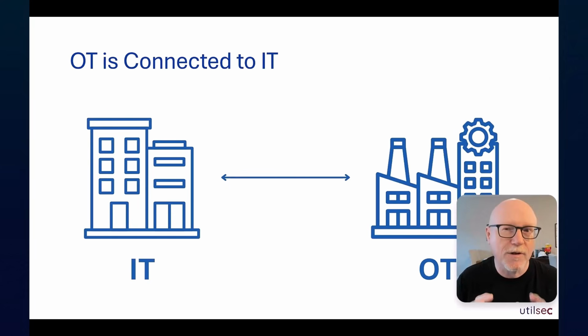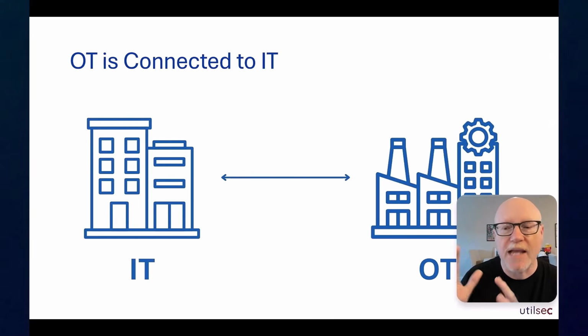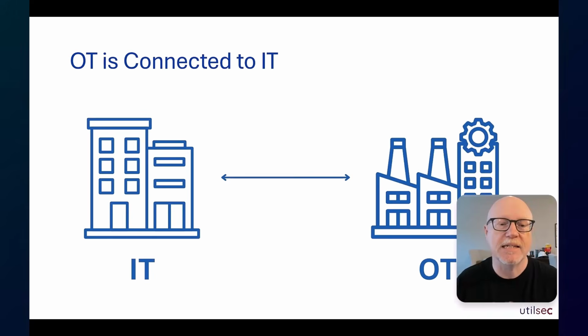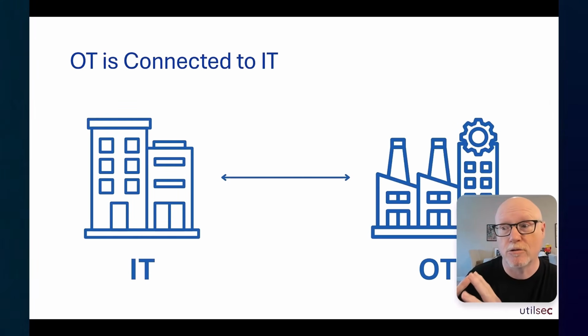So again, for now, think that almost every OT environment is connected to an IT environment. And that's where a lot of our risk comes from. Because if an attacker gets into the IT network and we don't prevent them from getting into the OT network, the attacker now is in our plant, and the attacker could potentially have the capabilities to have an impact.